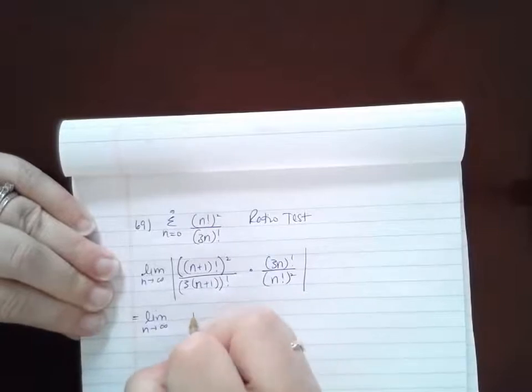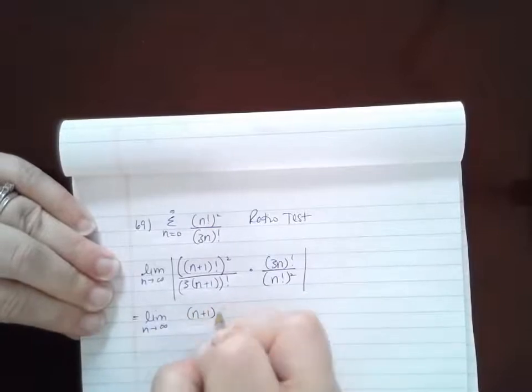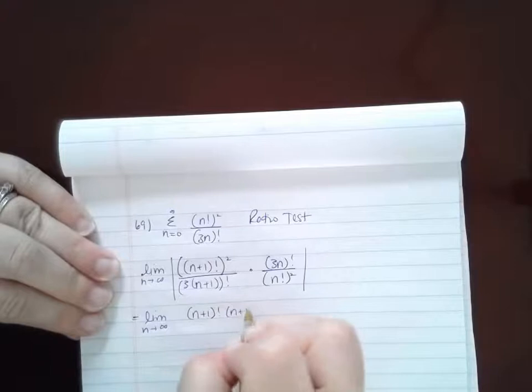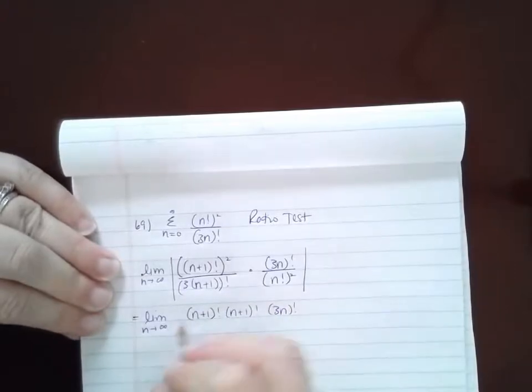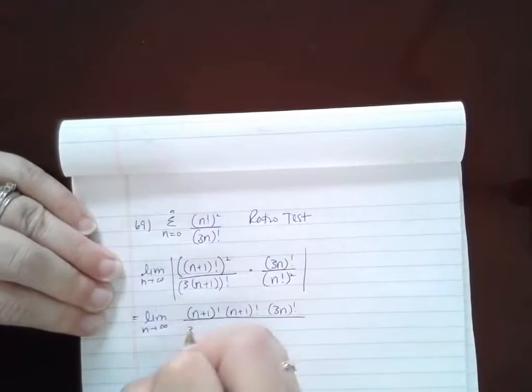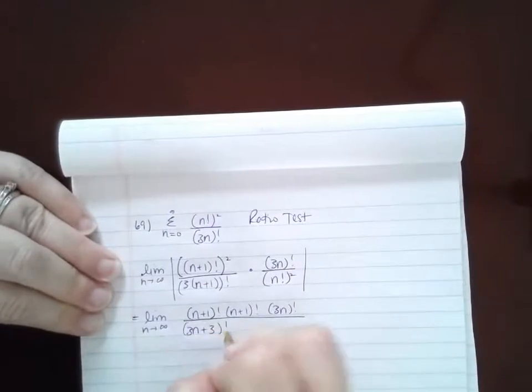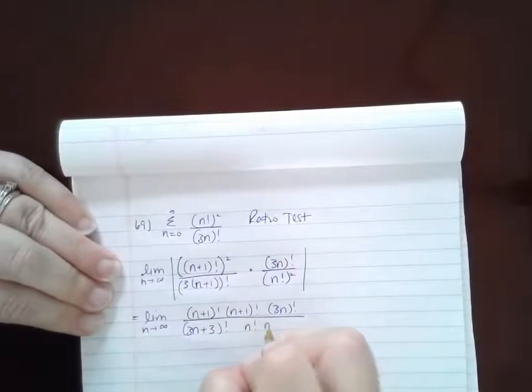This becomes n plus 1 factorial times n plus 1 factorial. This becomes 3n factorial. This becomes 3n plus 3 factorial, and n factorial, n factorial.